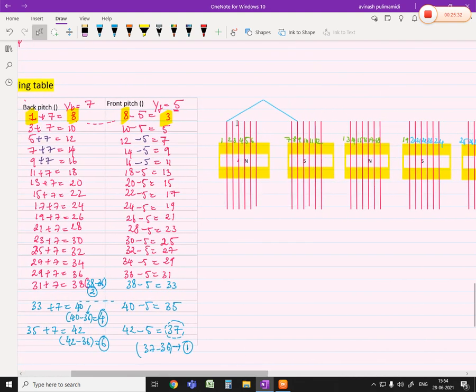So where is 3? 3 is located here. 1, 2, 3. 3rd conductor is connected to 10th conductor. So 10th conductor, 7, 8, 9, 10.